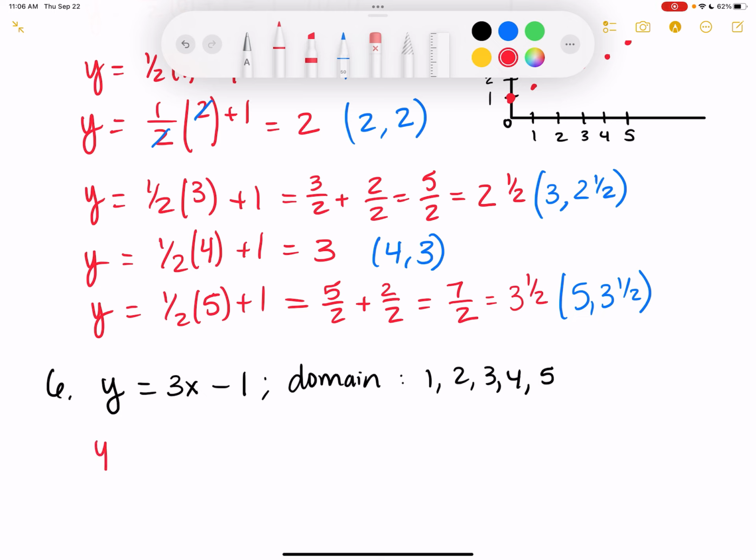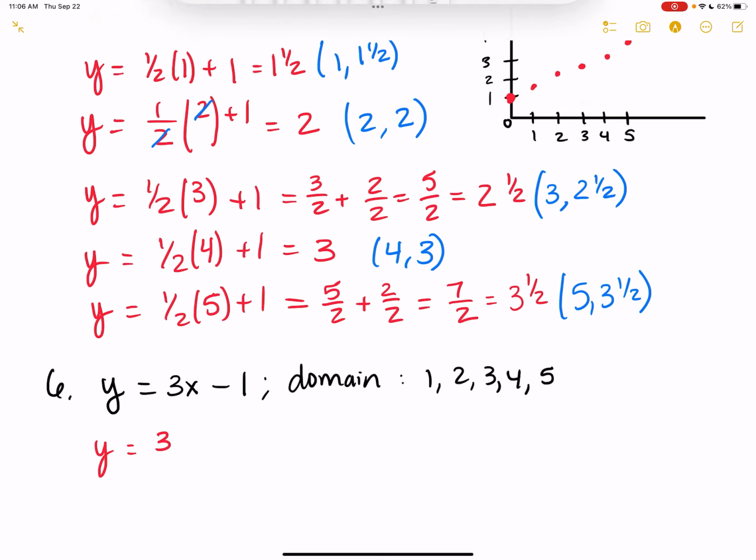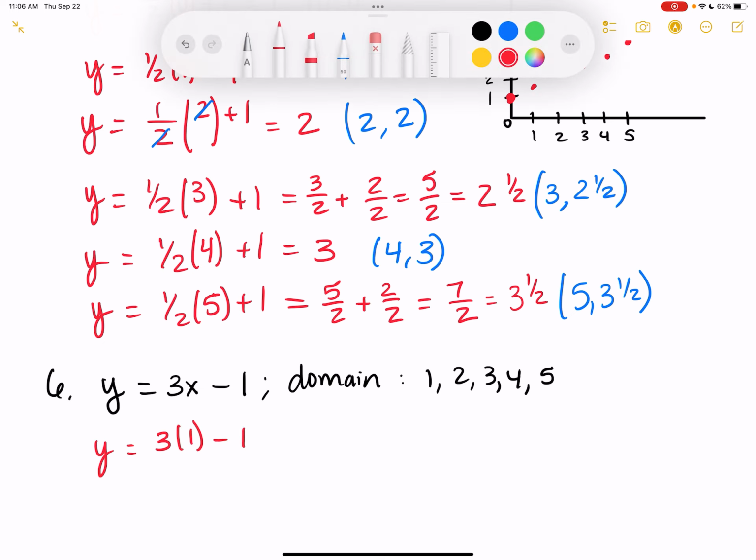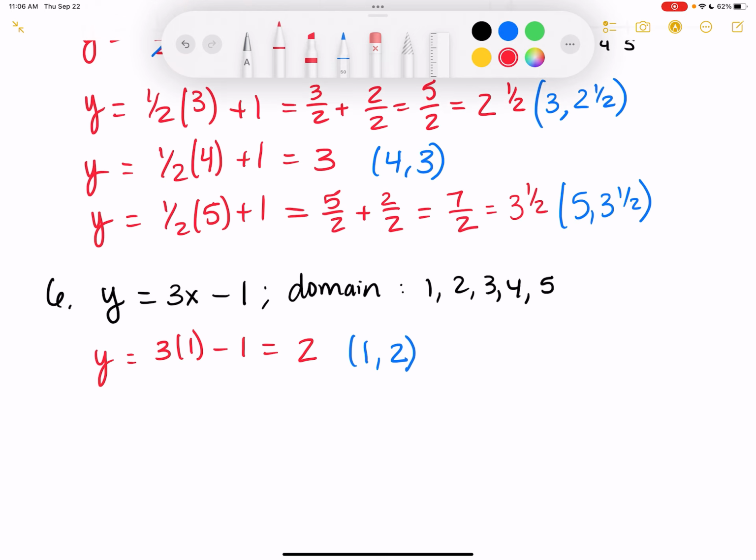So y equals 3 times x is 1 minus 1. So what does that equal? 2. So then that's going to give us the point 1, 2. We're going to plug in 2. So y equals 3 times 2 minus 1.